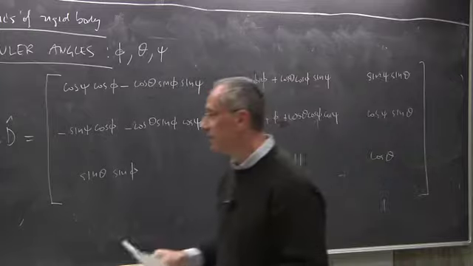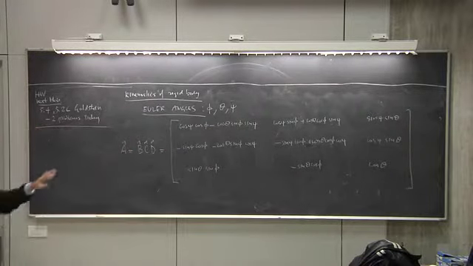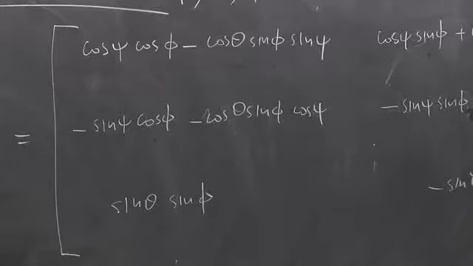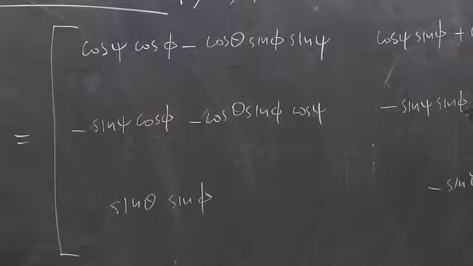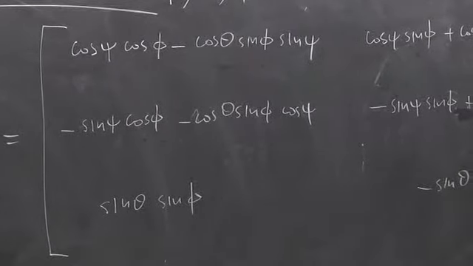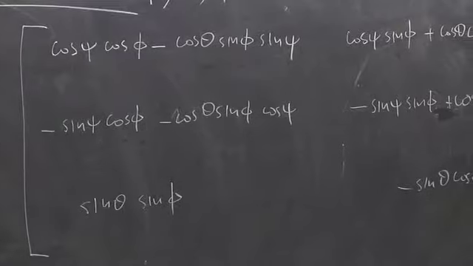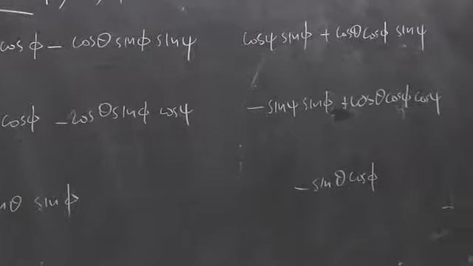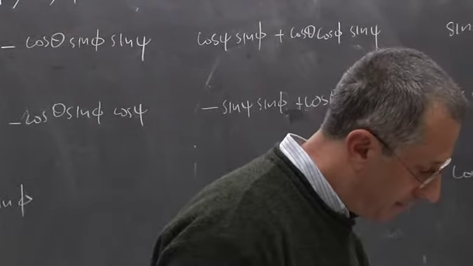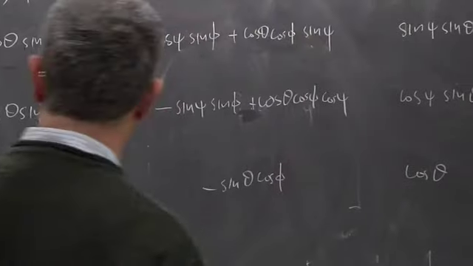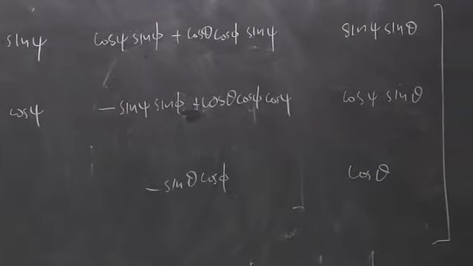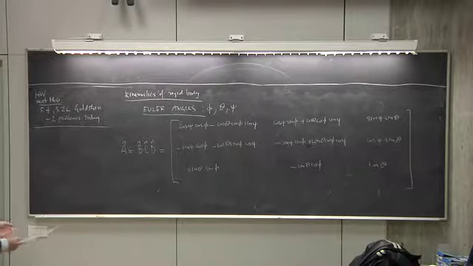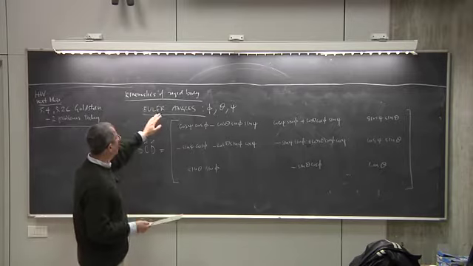Okay, not that bad. So that's the matrix that describes, in terms of the Euler angles, a general rotation by that amount. That's the basic structure that enters the kinematics of a rigid body. Then I guess one should formalize what I said at the beginning.